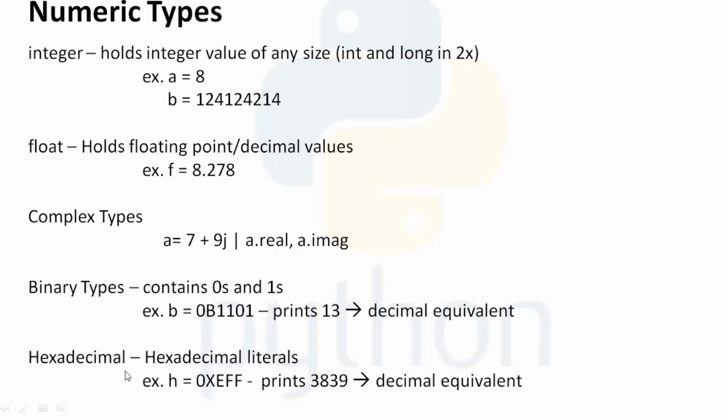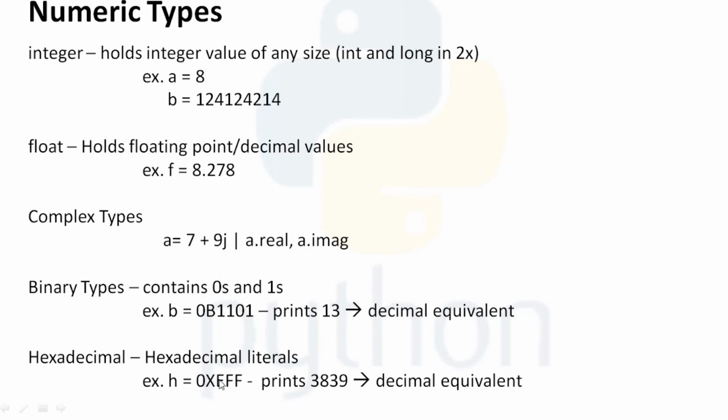Same thing, hexadecimal literals. Hexadecimal is similar to binary, but here the range will be more. If you see here 0x, all the hexadecimal literals or numbers in Python start with 0x. If we are defining any hexadecimal number, it should start with 0x so that the Python interpreter will understand that we are defining a hexadecimal number.